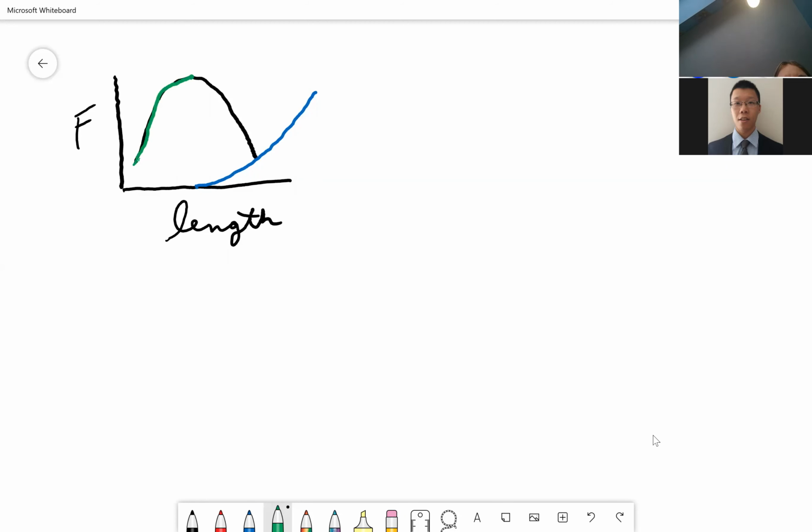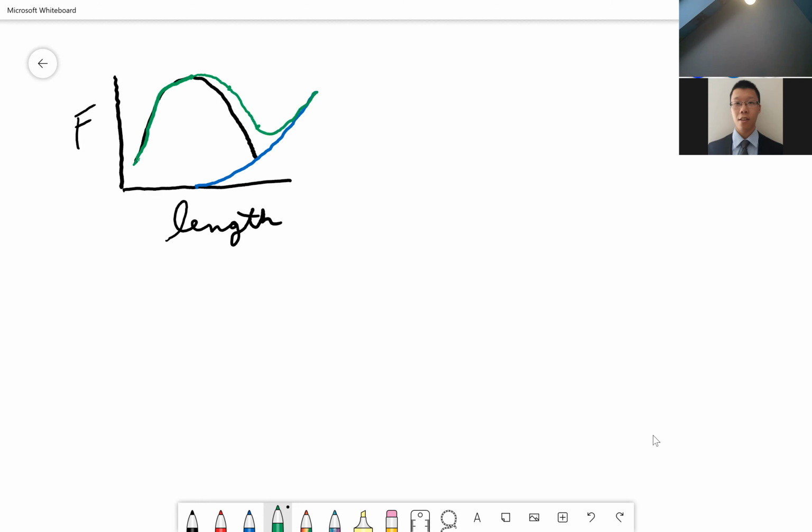And then from there on, you add on whatever's extra. So if I have that there, I would add that much to that. From there, I would add that much to that. And then it's going to follow the rest out. The actual force length curve looks something like that.